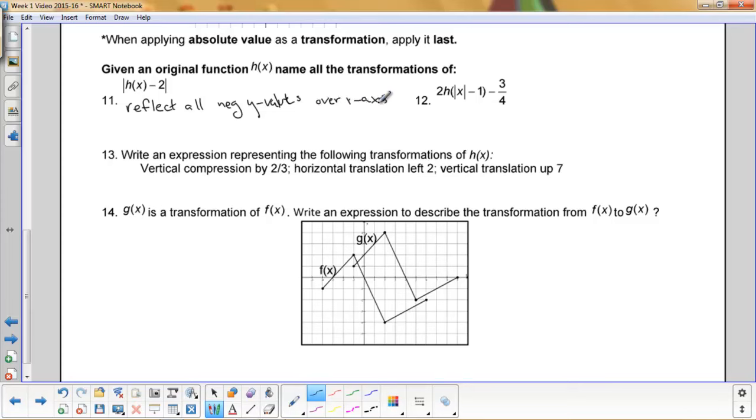Okay. And number 2, notice the parentheses end here, which means the 2 is still on the outside of the parent function, which means I have a downward movement 2.